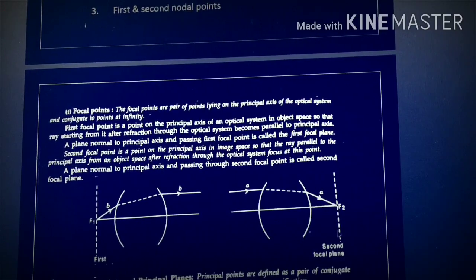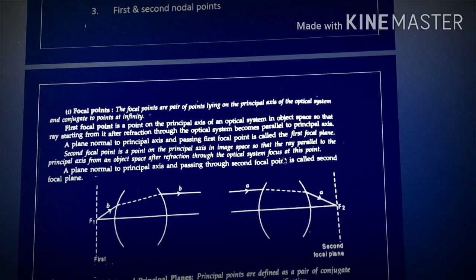This point is known as the second focal point. So the second focal point is a point on the principal axis in the image space, such that a ray parallel to the principal axis from the object space meets it after refracting through the optical system.